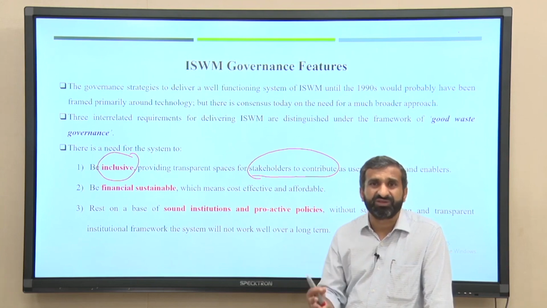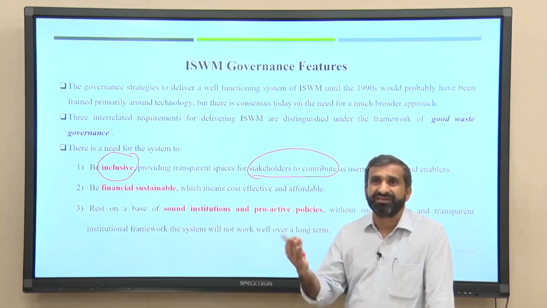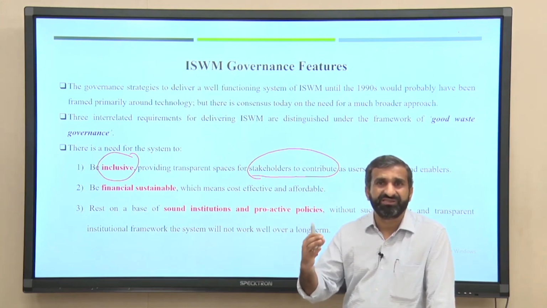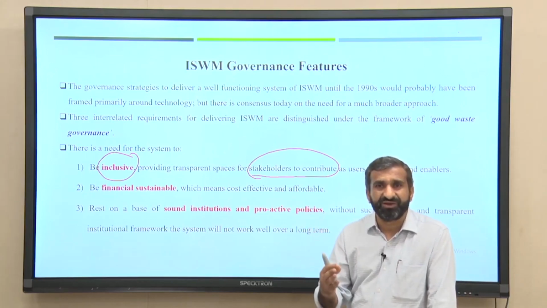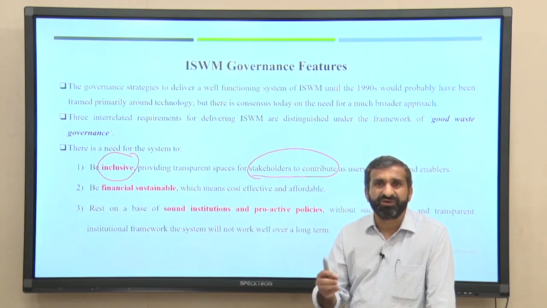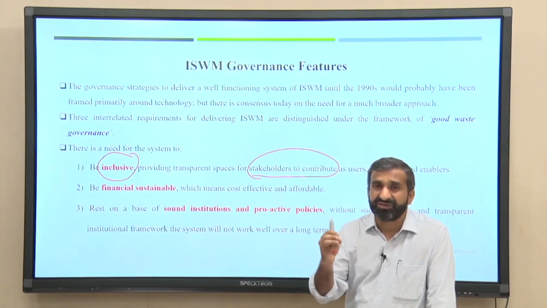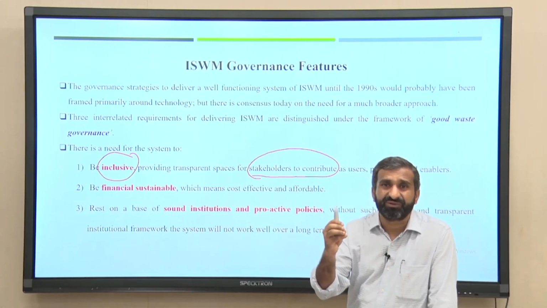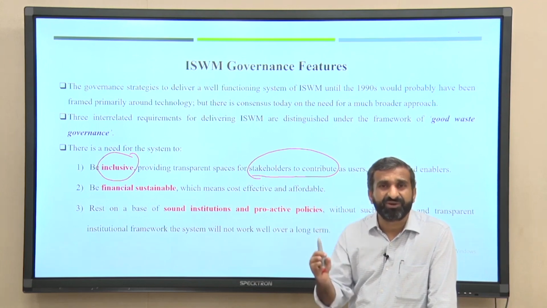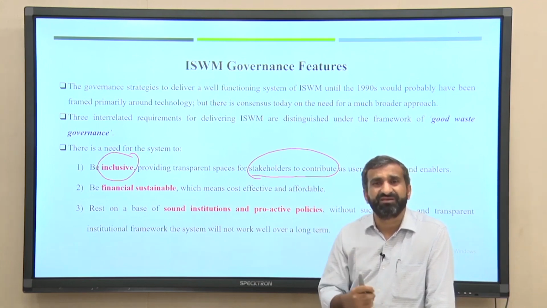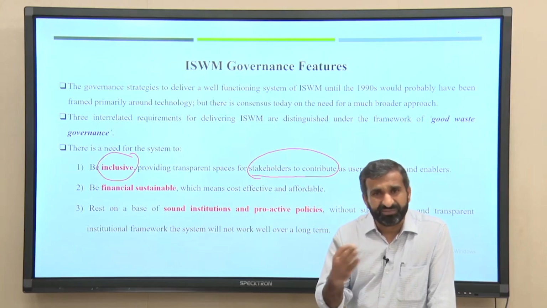Biogas, you can install biogas plants and say that our city has a very good, very big biogas reactor installed and biogas is being produced. But if you are not able to utilize that biogas for energy production, what is the benefit of such a plant?